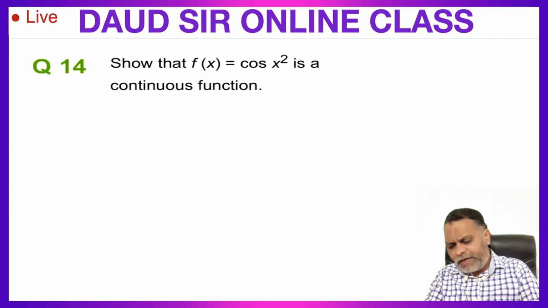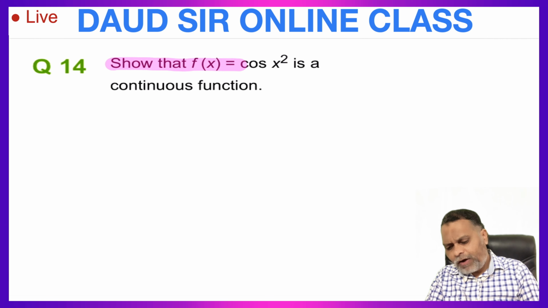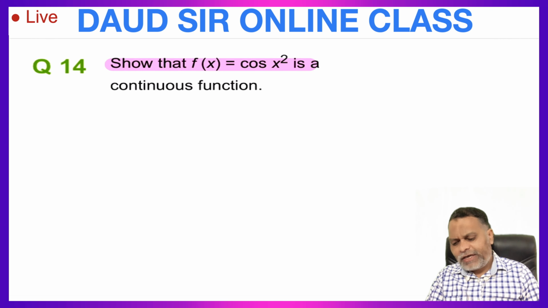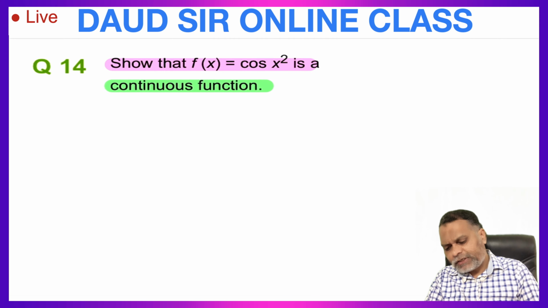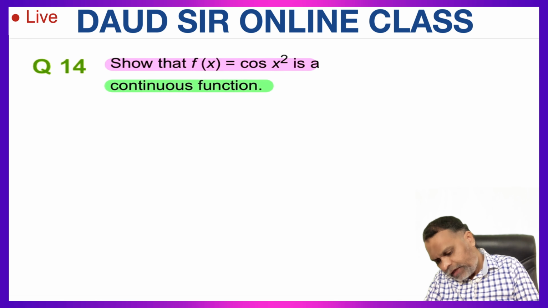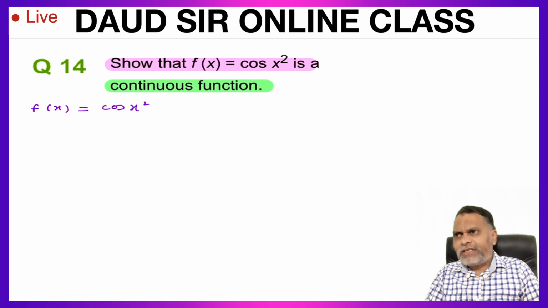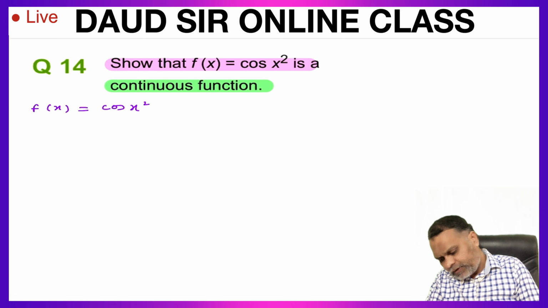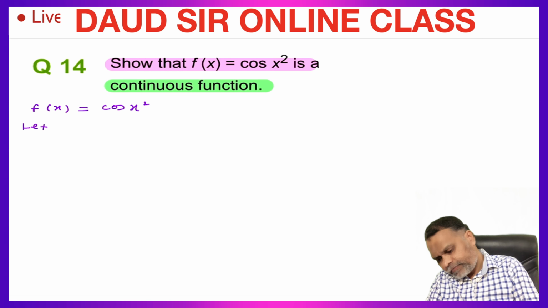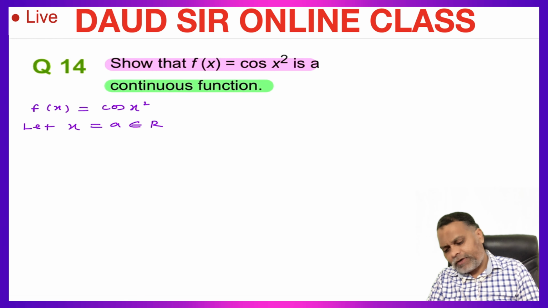Question number 14. Show that f of x is equal to cos x square is a continuous function. We have to prove this function is continuous. So f of x is equal to cos x square. For proving the continuity, we have to consider one point. So let us consider x is equal to a and a belongs to any real number.